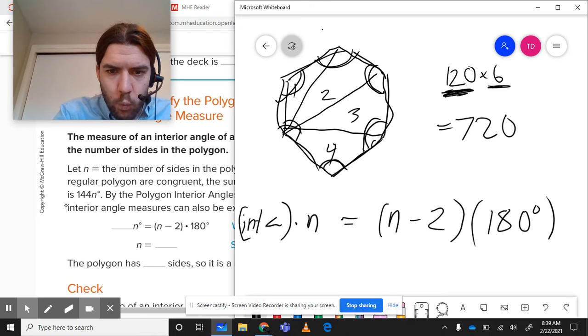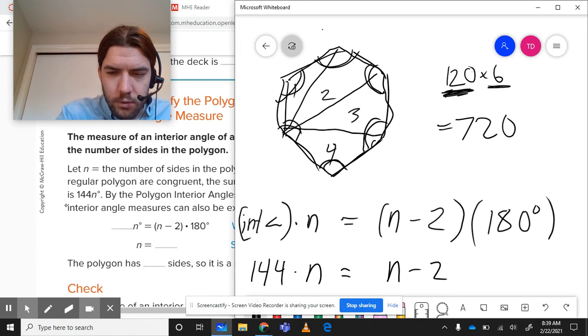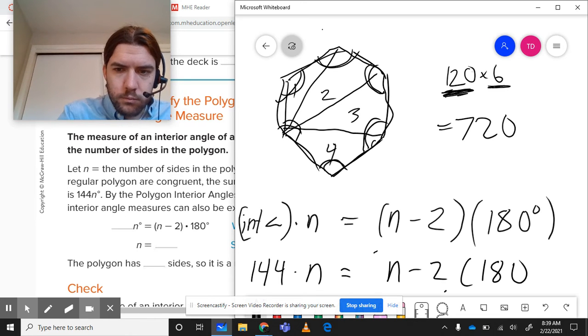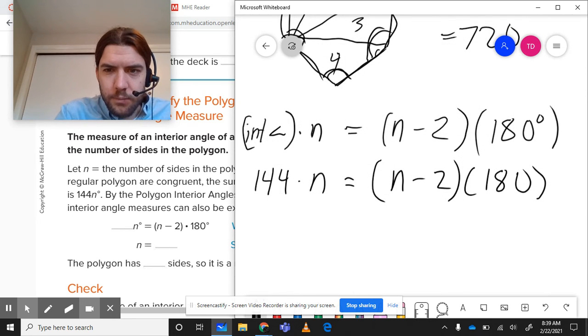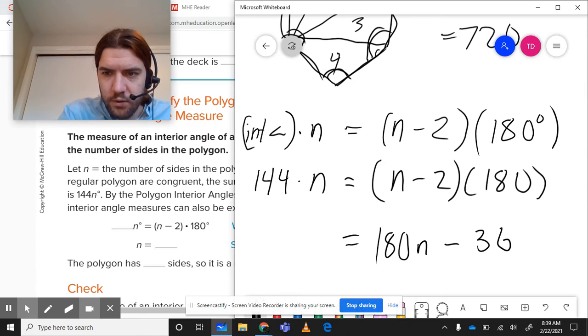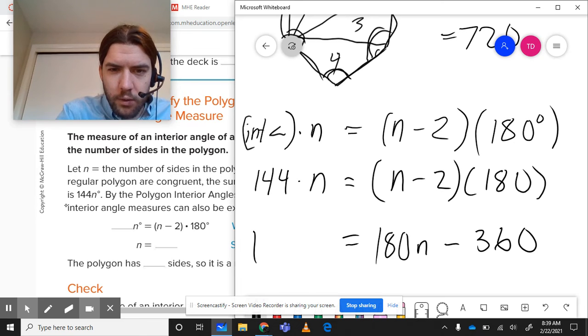So we're going to write out 144 times n equals n minus 2 times 180. If I distribute on the right side, I will get 180n minus 360. On the left side, I'll still have my 144n.